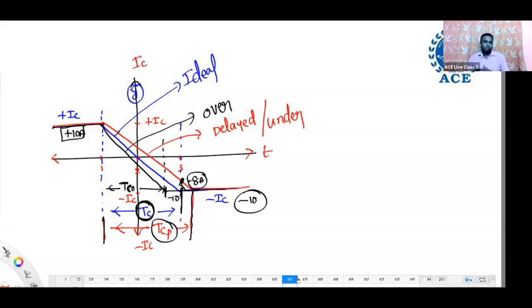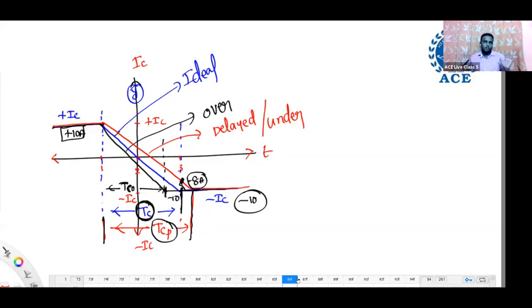The same way here. The commutator takes 10 milliseconds to shift, but current reversal in the coil takes 10.1 millisecond to reverse completely. But the commutator has already shifted. Now how is that remaining current reversed? Whatever is left shifts in the form of spark.